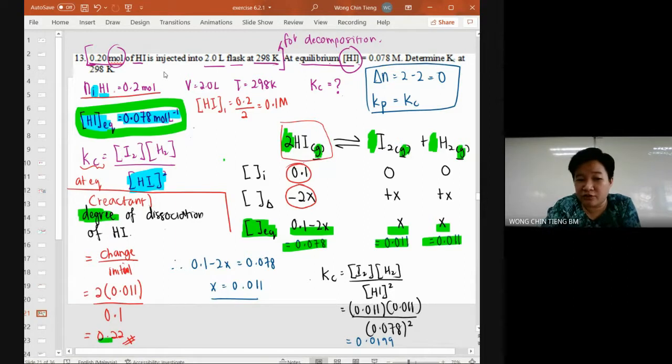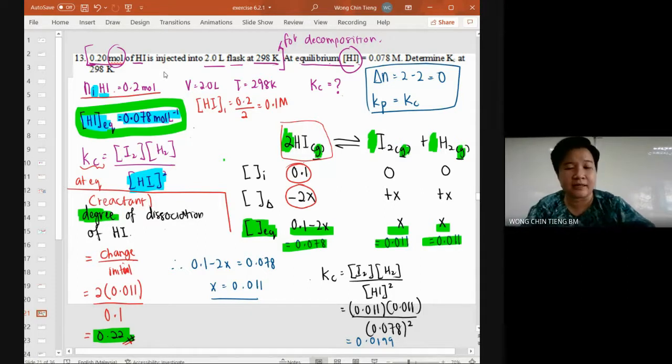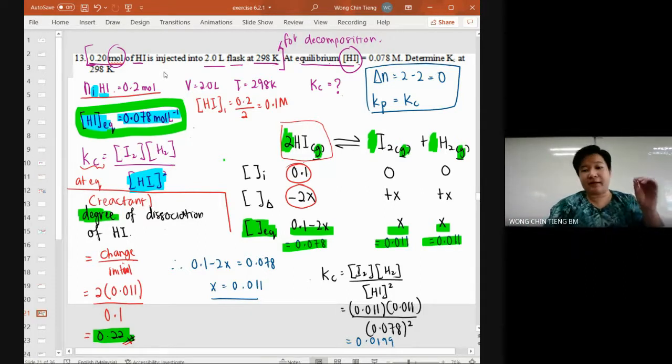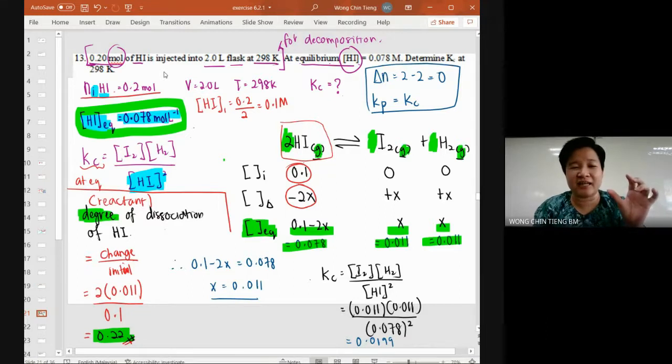Sayang, 1 bermakna reaktan habis lah. Betul? Change bahagi initial dapat 1. Mana boleh lebih daripada 1. So degree of dissociation, jawapan mesti kurang daripada 1. And bear that in mind, bahasa senang dia, dissociation adalah banyak mana aku dah guna.